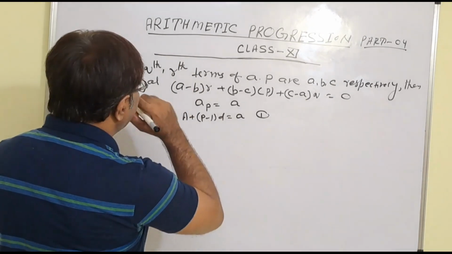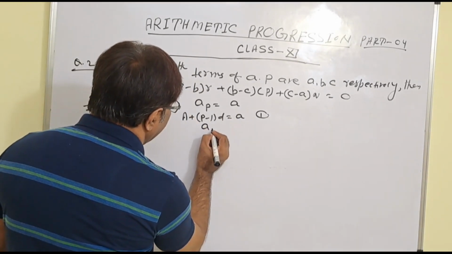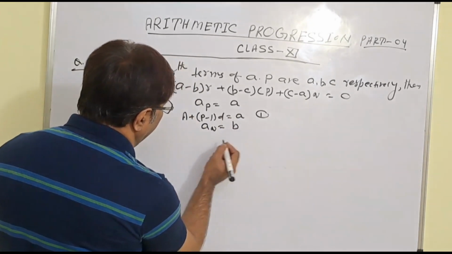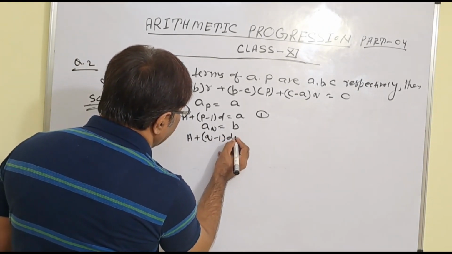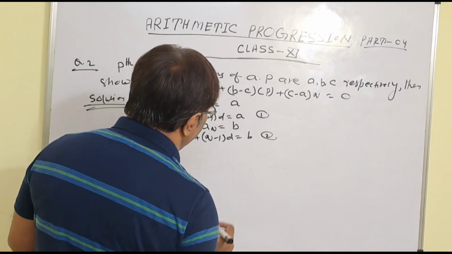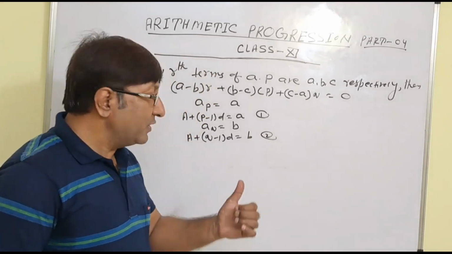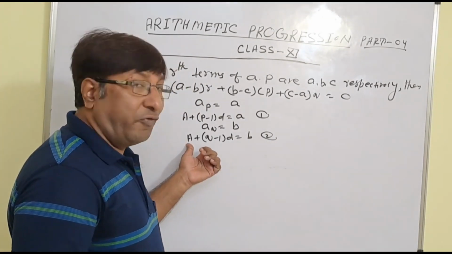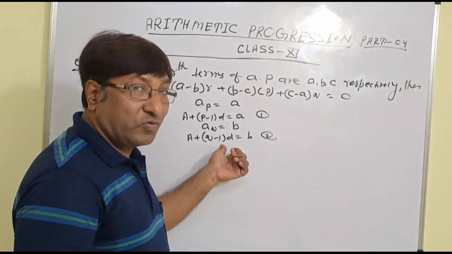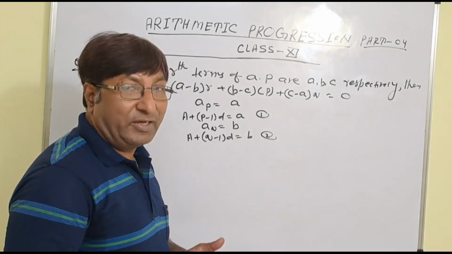In the same way, the Qth term is given, that is AQ equals B. So we can write A plus (Q minus 1) D equals B, because the Qth term is given as B. The Qth term is the first term A plus (Q minus 1) D equals B.